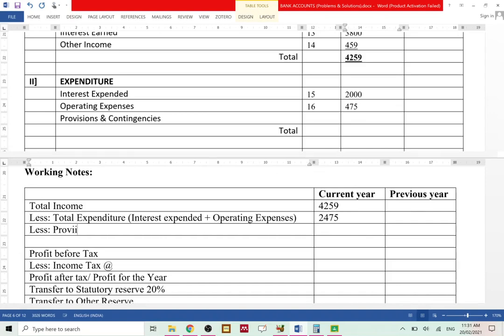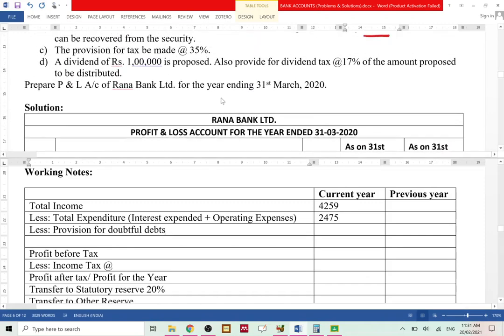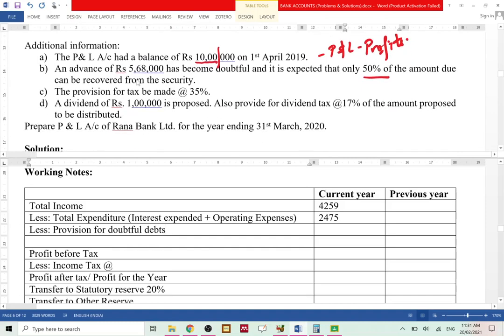So we write here provision for doubtful debts. In the problem, in the adjustments given to us, as we have seen, the loan of 5,68,000 has become a doubtful debt, and only 50% of that can be recovered, right?